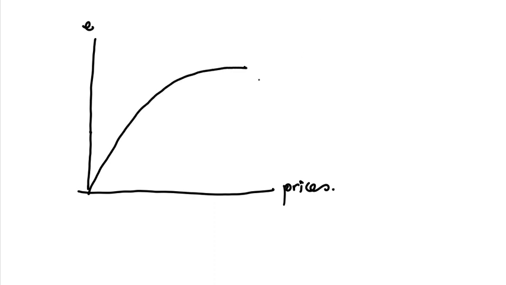So this is expenditure as a function of price, given utility. Now let's locate price P. Let's say price P is here. The associated expenditure when the price is P is this, E of P and given utility.